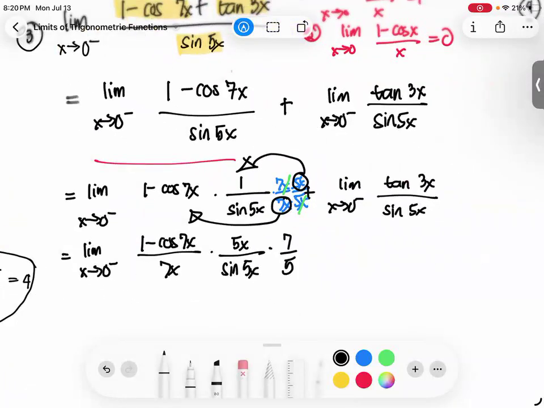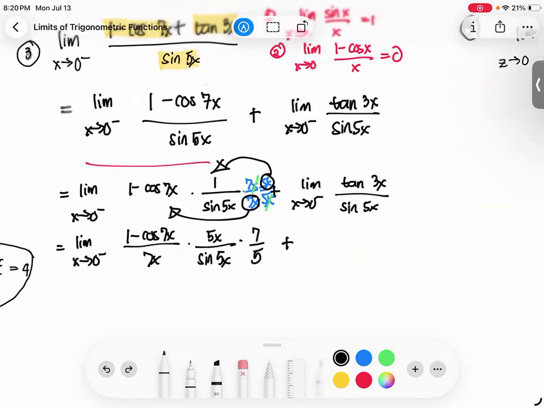Plus, okay, let's arrange the other side. Remember that tangent is sine over cosine. So whenever you have tangent of x, this is sine of x over cosine of x. So we can write tangent in terms of sines and cosines.